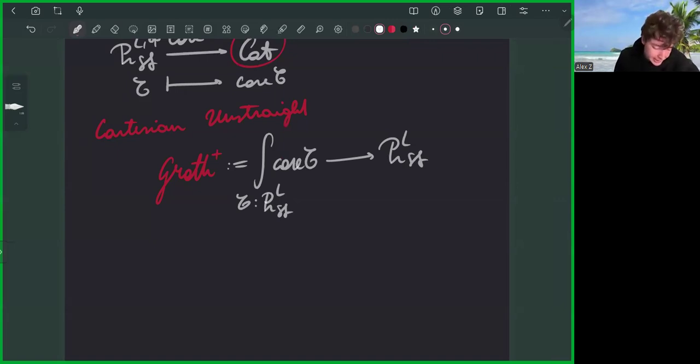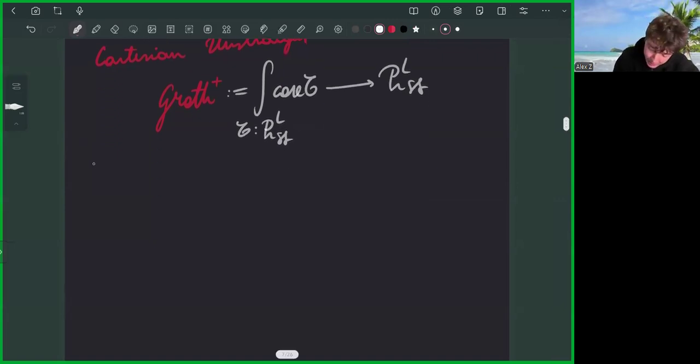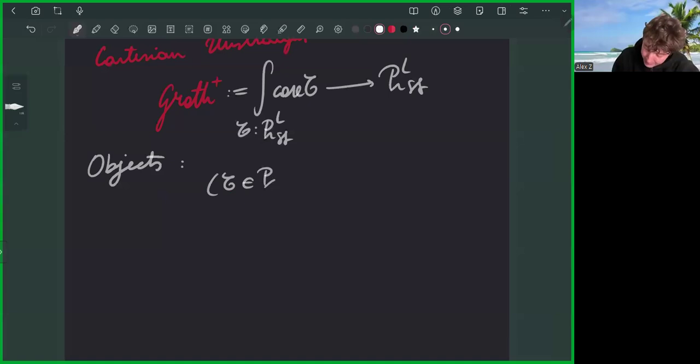Let me spell out its objects, since this is a bit abstract. The objects are pairs where C is an object in PrLst and C prime is an object in the cores of C.